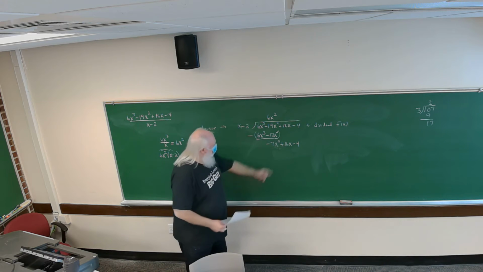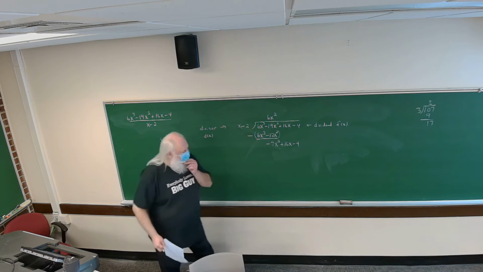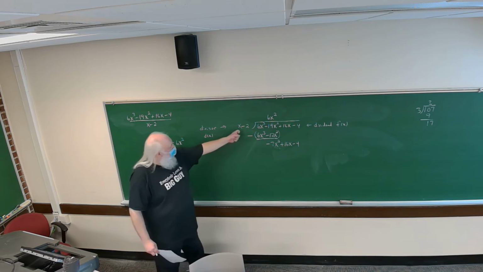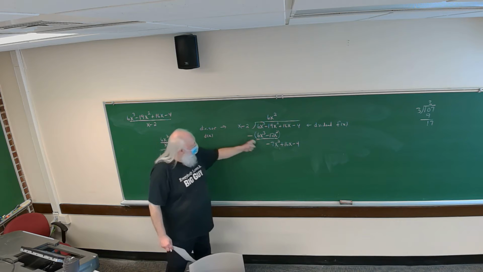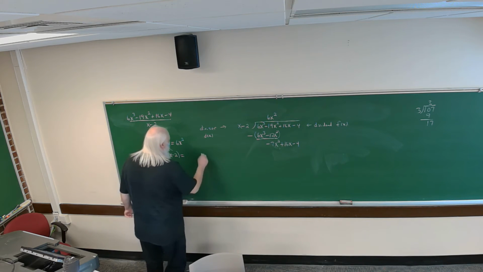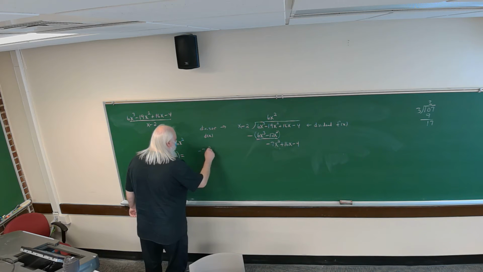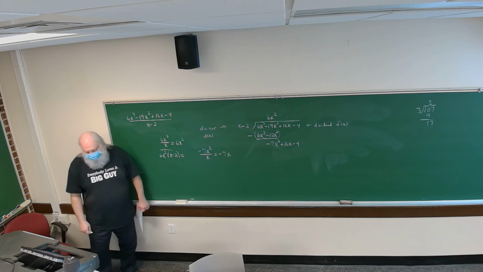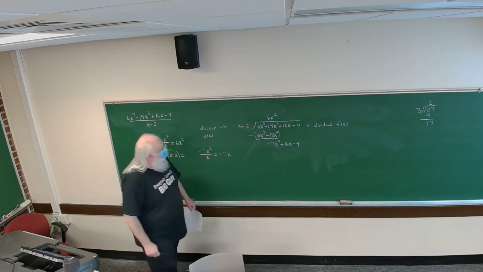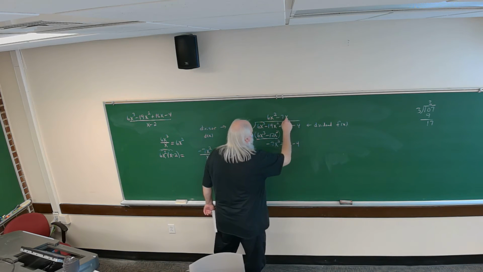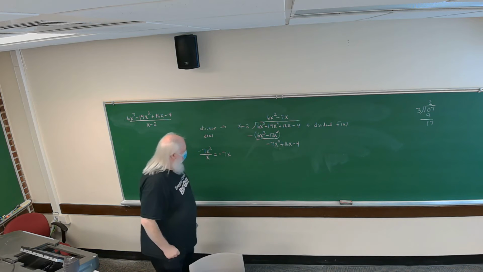And then you bring down the 16x minus 4. Now to carry out this long division, you have to ask yourself next, how many times does x go into minus 7x squared? Well, minus 7x squared over x simplifies to minus 7x. So we put minus 7x up here after the 6x squared.